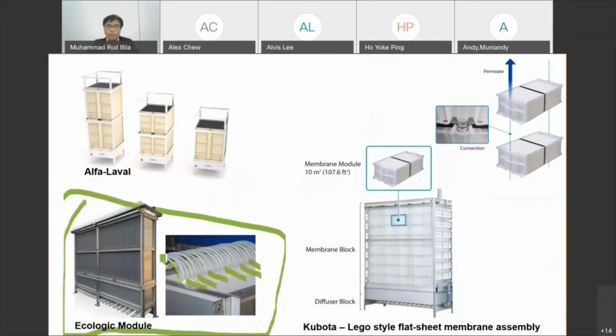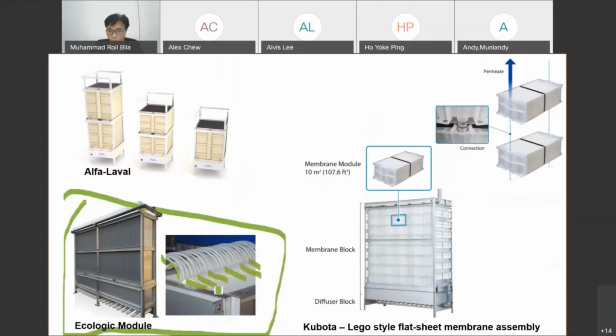The cost of the plate and frame MBR or flat sheet MBR is coming from the support materials, from the frame. If you ask for a quotation from any company, you'll find that the cost of the flat sheet MBR compared to the hollow fiber membrane is slightly more expensive, maybe almost 1.5 times that of the hollow fiber membrane.